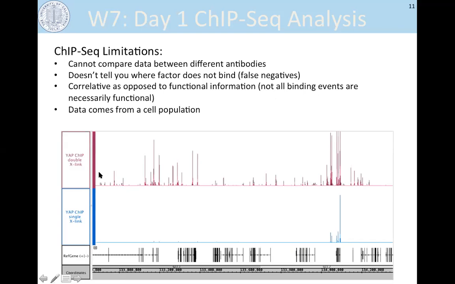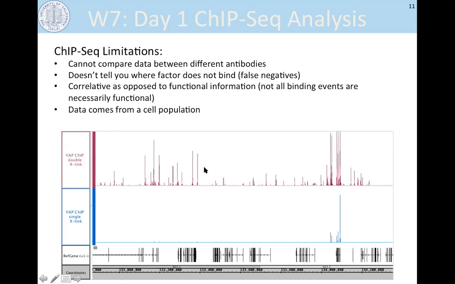So if you say that the factor doesn't bind based on the single cross-linking ChIP, you could be creating false negatives just based on a technical issue.